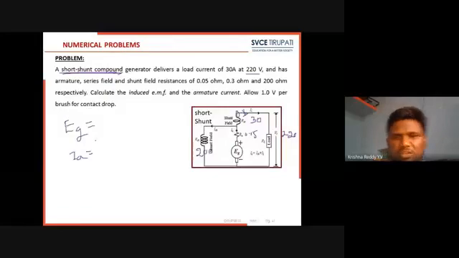Now tell me the induced EMF equation. Easy. By applying KVL. Hello, what is the induced EMF equation?